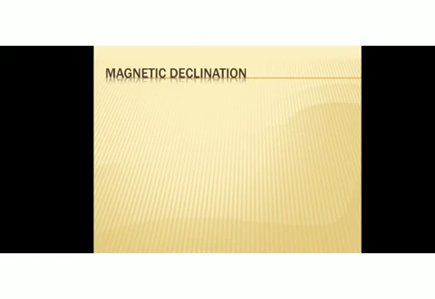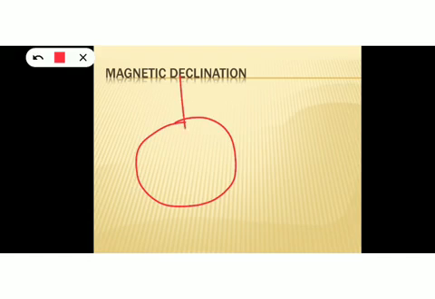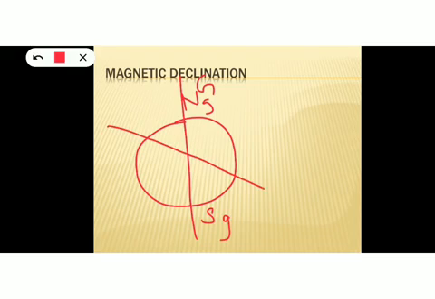So what do you mean by magnetic declination? I had told you, if this is our Earth, this is the geographic axis passing through the geographic north pole and geographic south pole of the Earth, and this is the magnetic meridian or magnetic axis which passes through the magnetic north and magnetic south pole of the Earth, and there is an angle of separation between this geographic north and magnetic north.